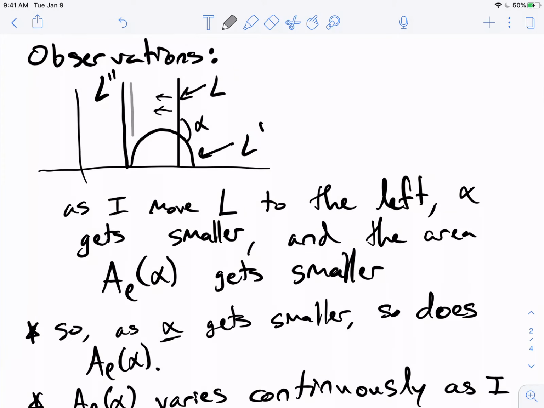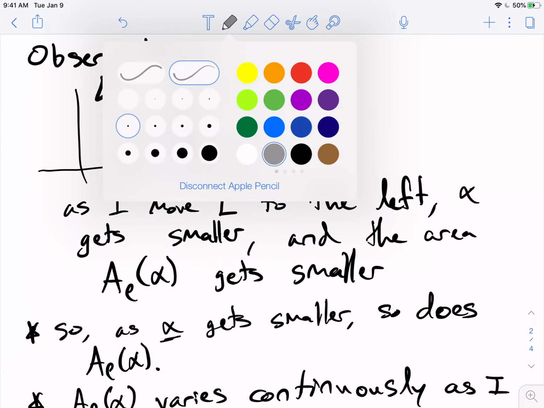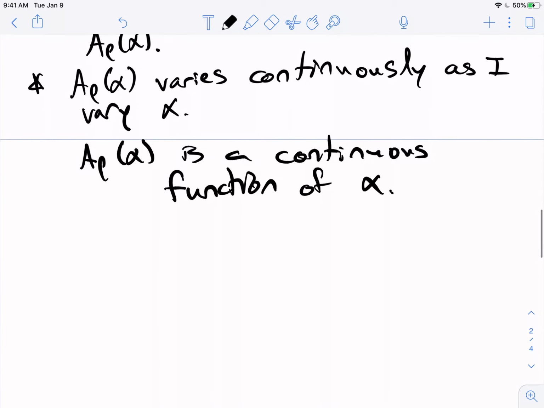So if I draw it really, really close, here this alpha is really close to 0, and as L actually approaches L double prime, alpha is going to get to 0. And when that happens, the area between L and L double prime, of course, is 0, since they're the same line. So we know that A rho of 0 is equal to 0.